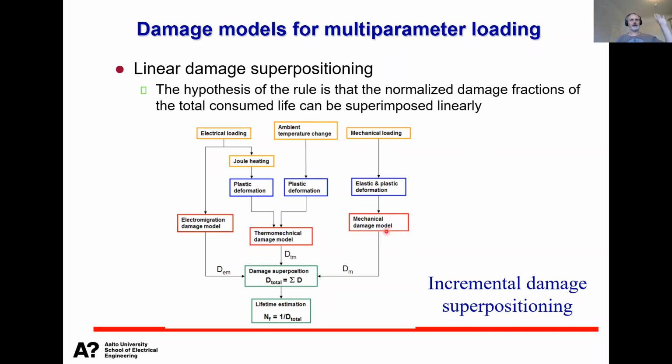It's just 1 plus 1 plus 1 is 3, and damage 3 tells us something about the lifetime estimation. What it is lacking is what these stresses are doing to the actual microstructure.